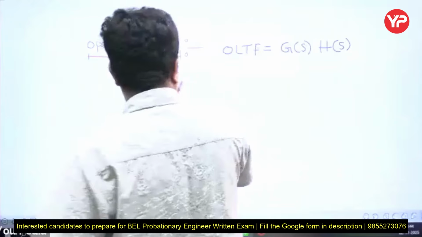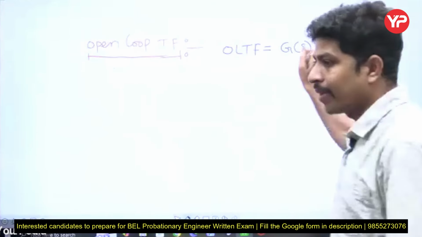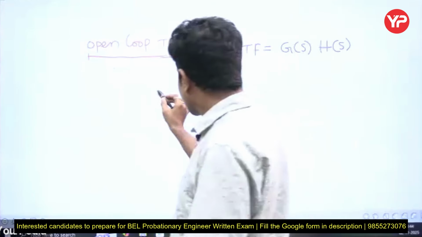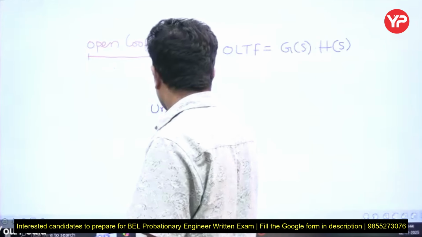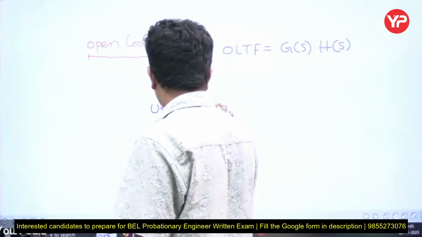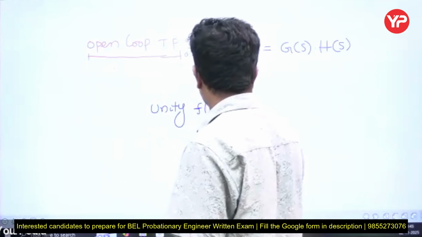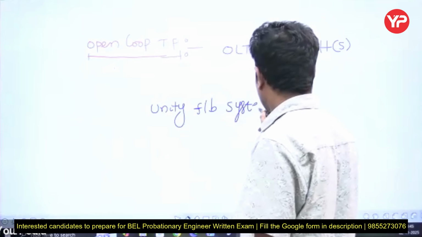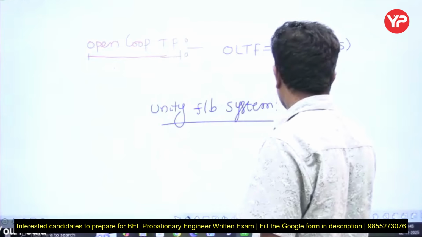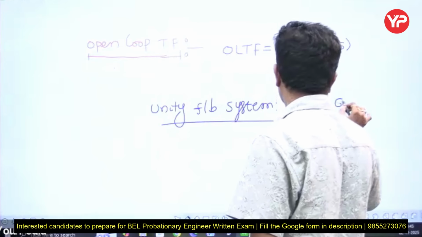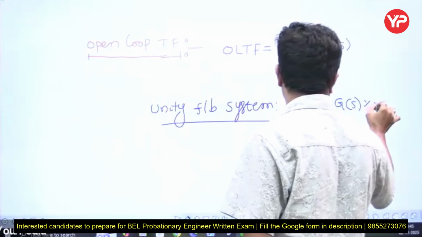I gave this pause so that you will register this in your mind. If it is a unity feedback system, then what is your open loop transfer function? Open loop transfer function is simply G of S, because H of S is 1.